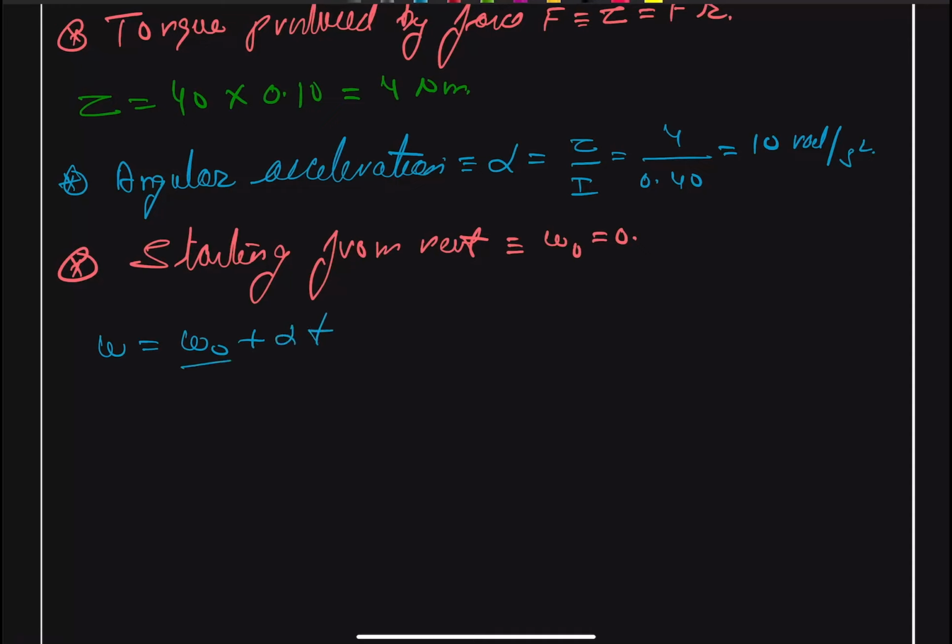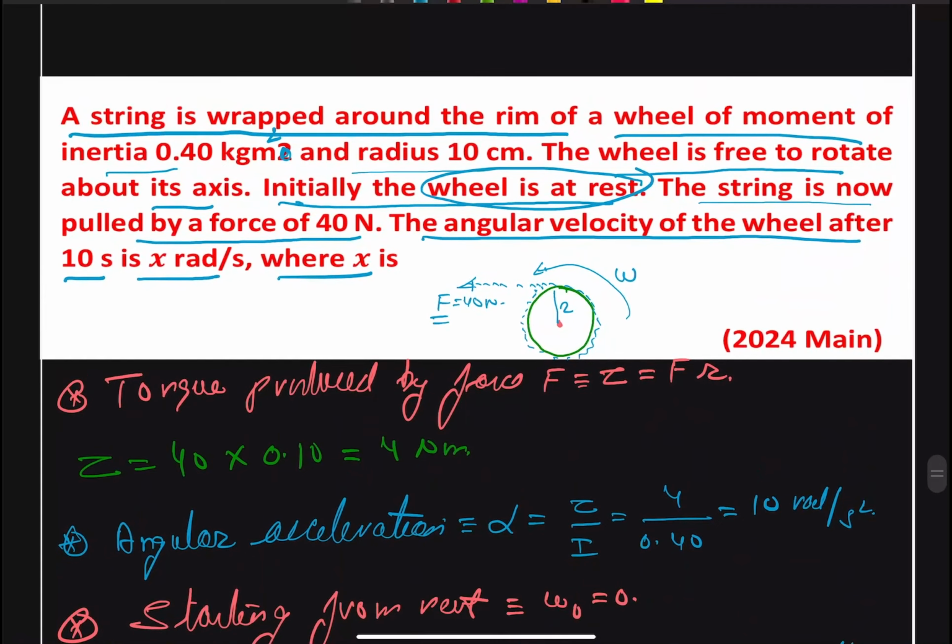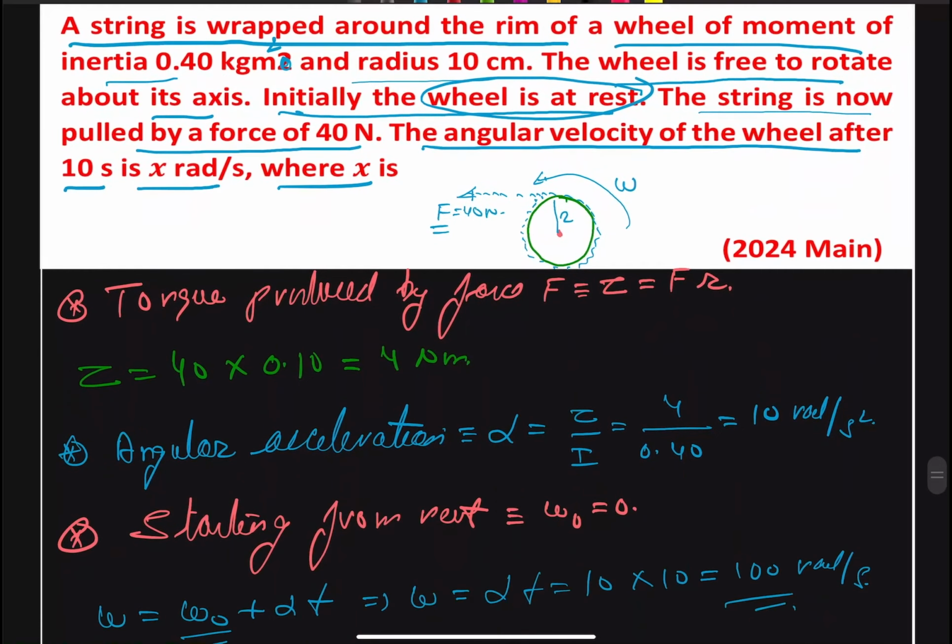Omega naught is 0, so we get omega, angular velocity, is equal to alpha times t. Alpha is about 10 and time is also about 10. So this comes as 100 radian per second. Okay. So value of x is about 100. Next question.